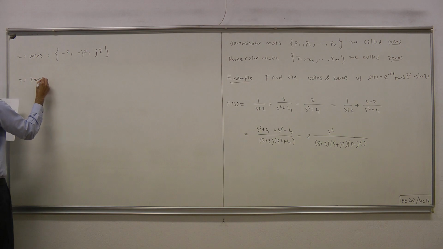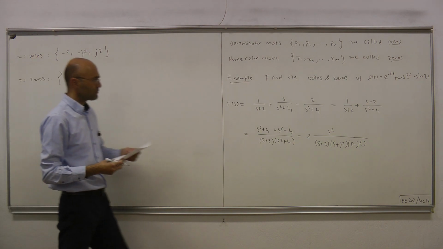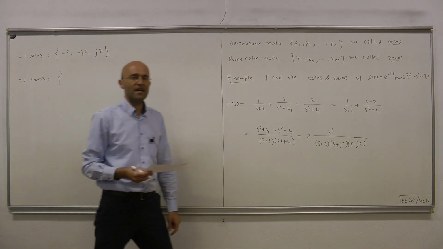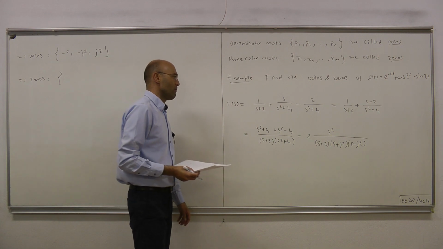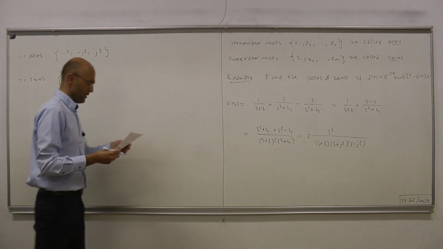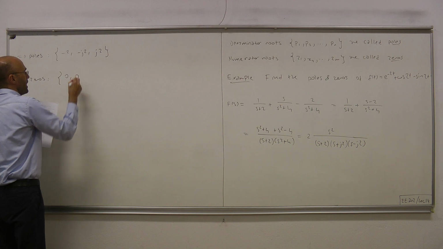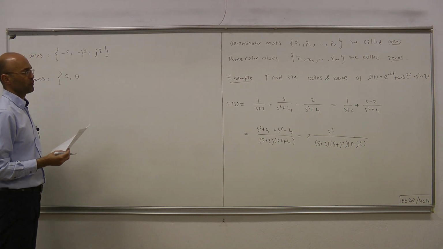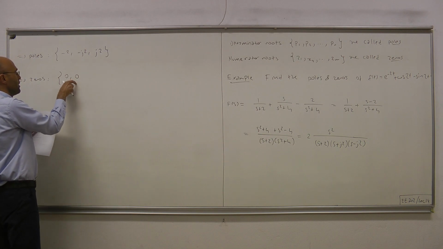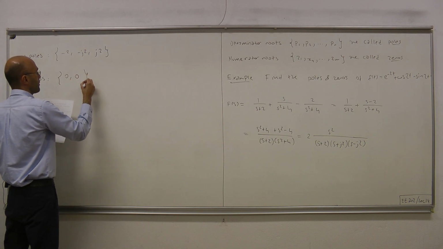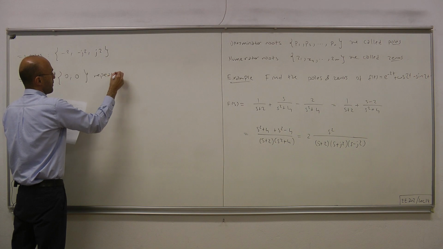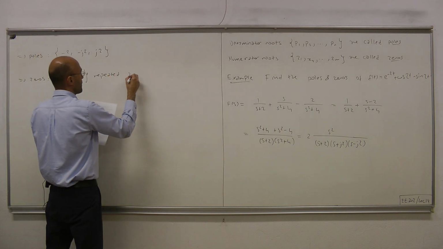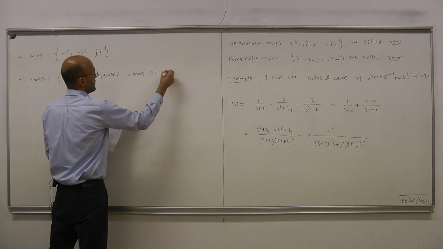And as for zeros, the roots of that polynomial, s squared, are both at 0. So we have a zero and another zero for the root of the numerator polynomial. So those are our zeros. Repeated zeros at the origin.